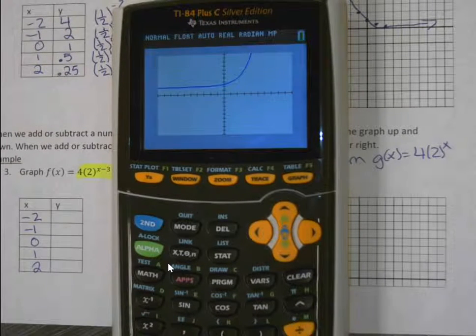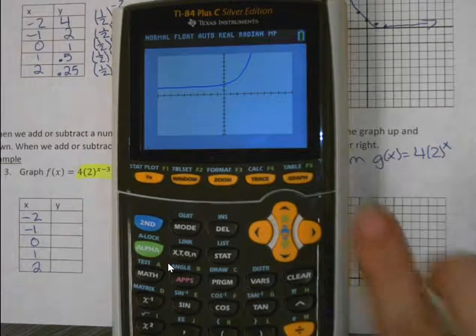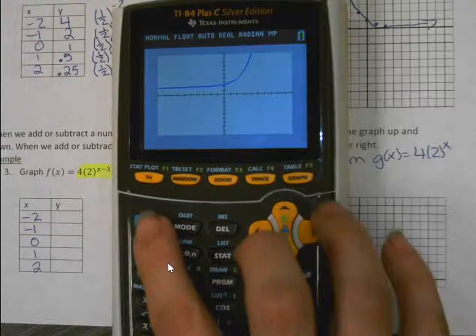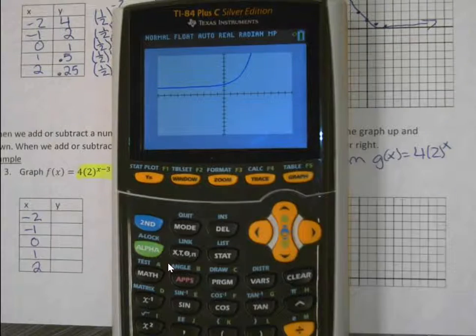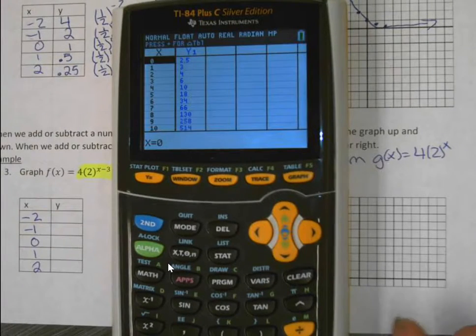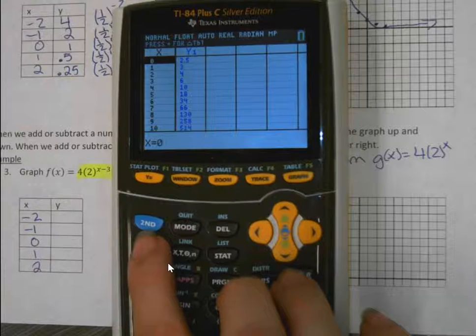Okay. So now what I want to do is I can plug in the numbers just like I did before, or I can go to the blue second button, and then I'm going to press the graph button again. There's only one blue button on the calculator.